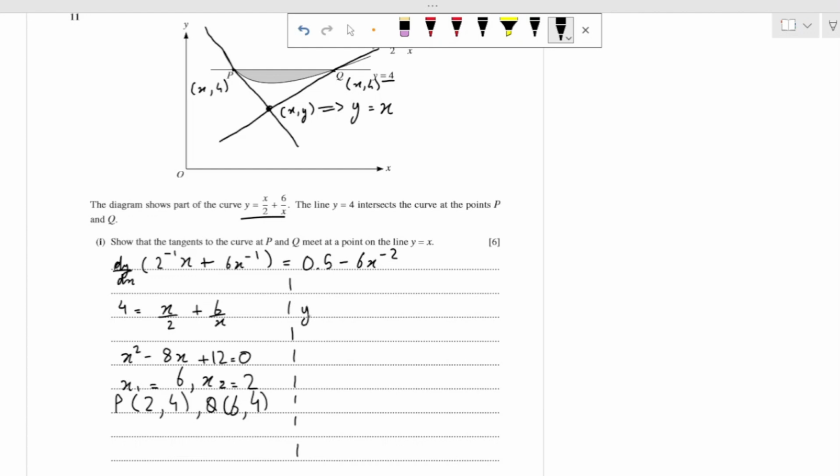How? y minus y1 equals m(x minus x1). That is the equation of a line. y minus y1, that is in this case 4, equals m. M we are going to find at that point, which we can put in this value, 0.5 minus 6, and substitute value of x over here, 2 to the power minus 2, that's the gradient from the derivative we have found, into x minus x1, and x1 was again 2.